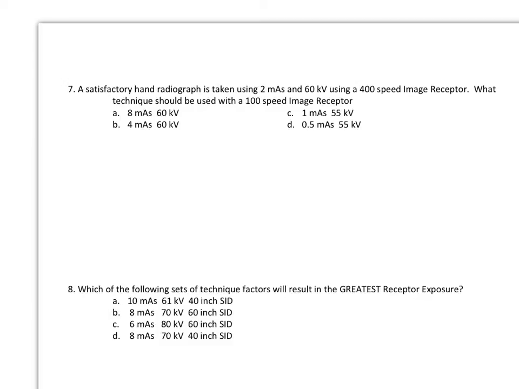So if we use our total receptor exposure equation, the only factors we need to worry about are the mAs and the speed, and those are both in the numerator. So we would set it up like this: 2 mAs times 400 speed equals what mAs at 100 speed, and solve for x.